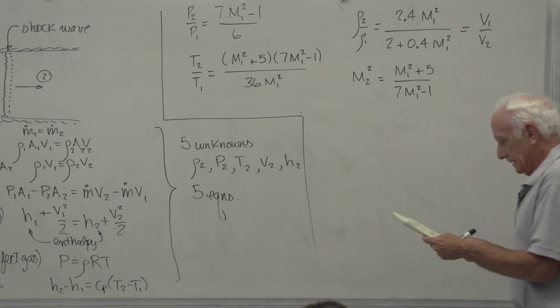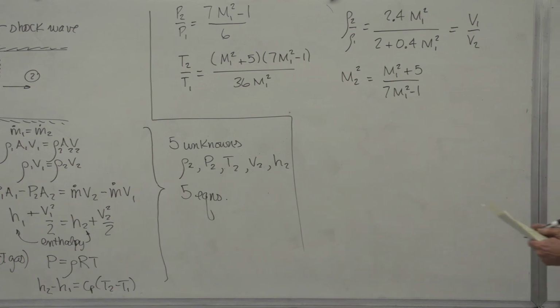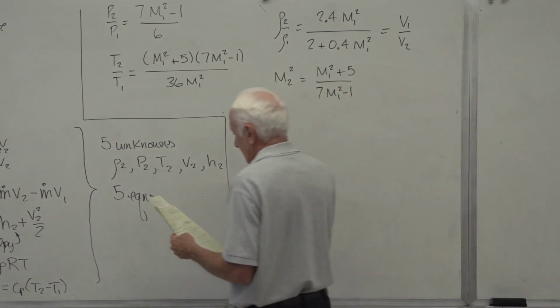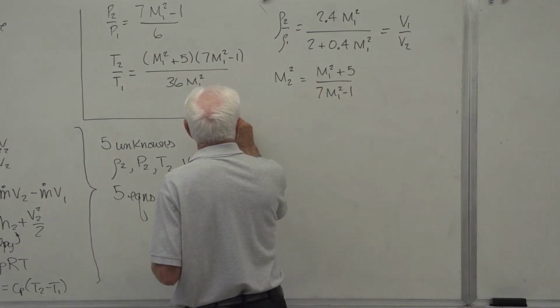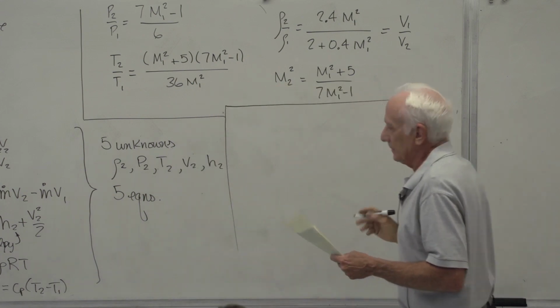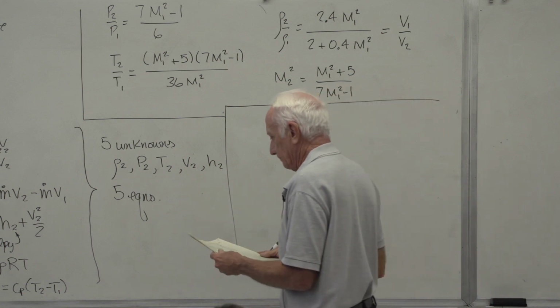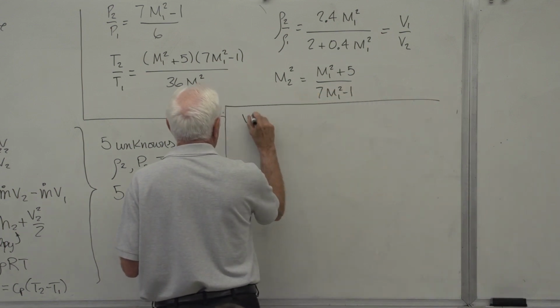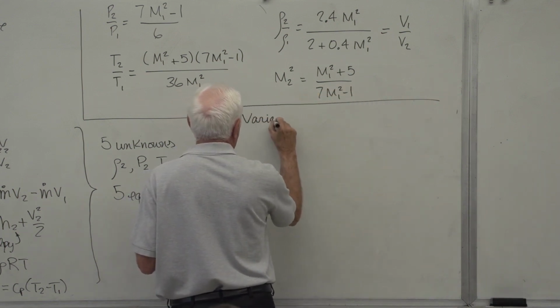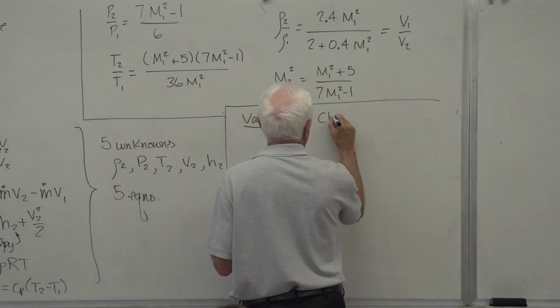That's going to give us the Mach number 2 across the shock wave. Now, if you do that and look at the results, I'll put the variable here, and I'll put the change across the shock wave here.